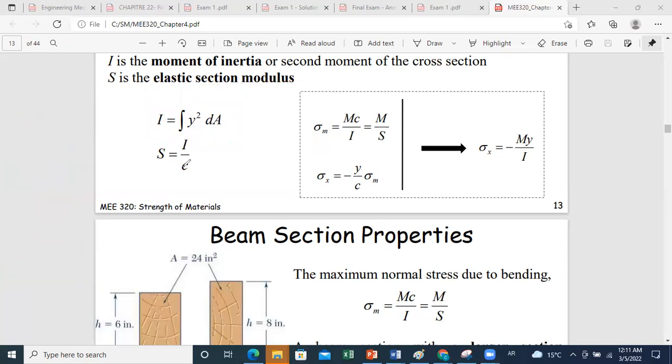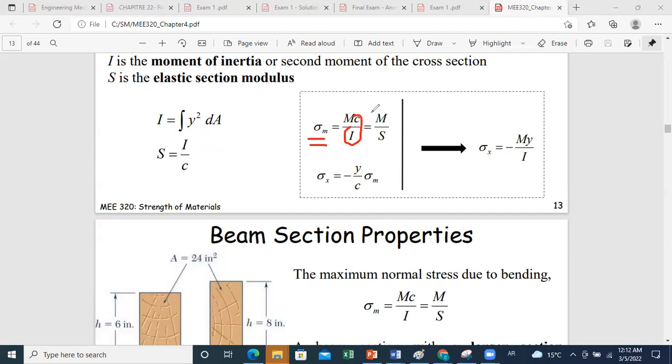Then we can say that the maximum developed normal stress is computed from Mc over I, or if we replace I over c by S, then the maximum stress is M over S. In order to reduce the maximum normal stress in your section, you have two possible strategies.